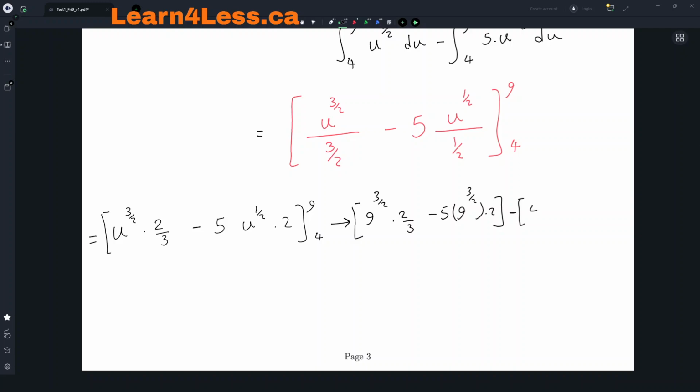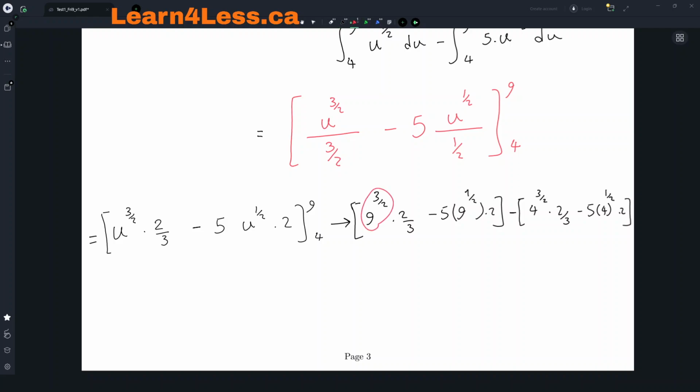It would be 4 to the power of 3 over 2 times 2 over 3 minus 5 times 4 to the power of 3 over 2, sorry, 1 over 2. Made a mistake here as well. Times 2.